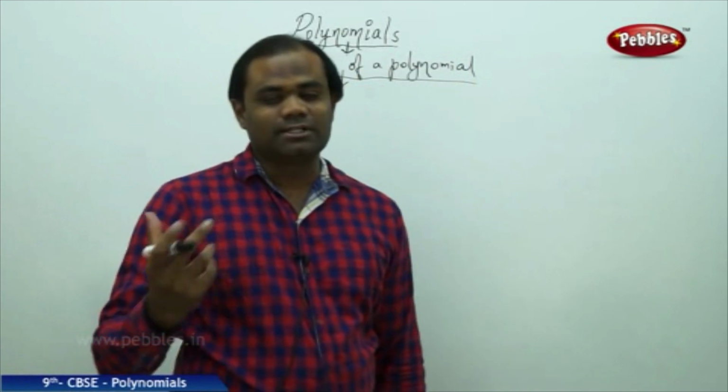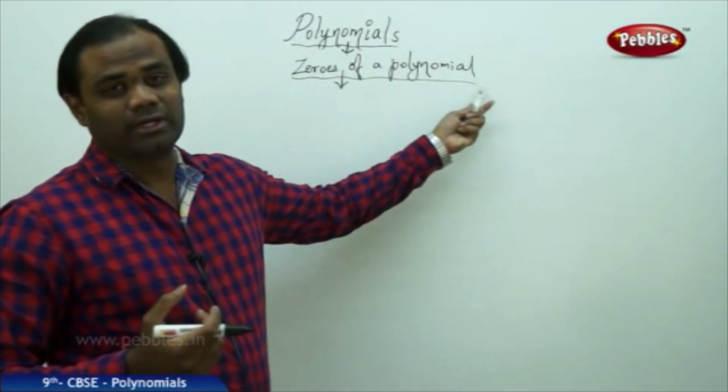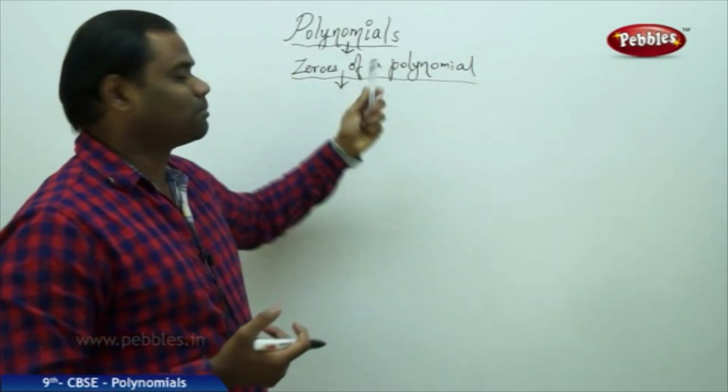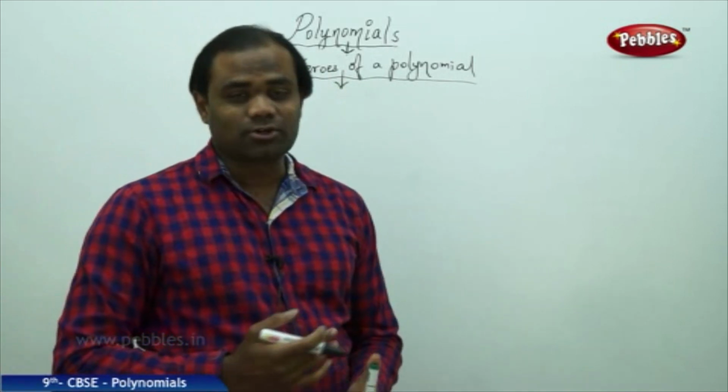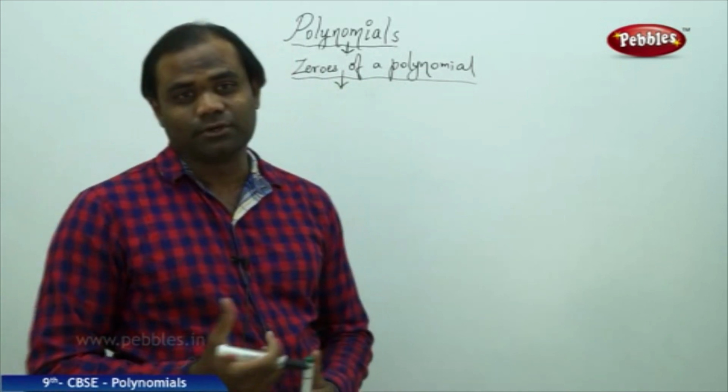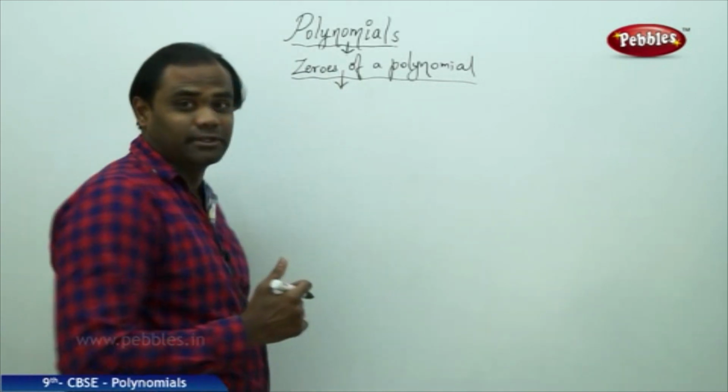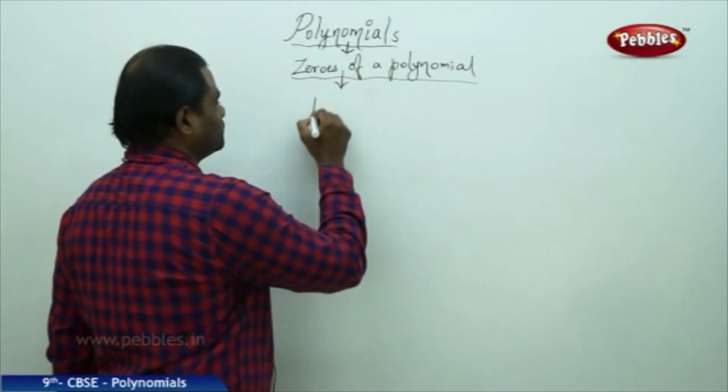In general, the word zero comes into existence in this topic of zeros of a polynomial, so it definitely has something to do with 0. Let's see how the definition comes more briefly.